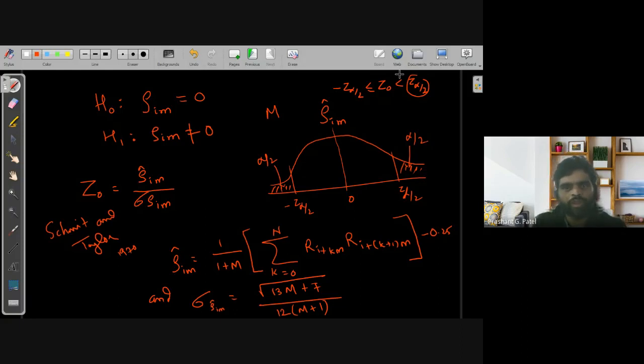Okay. If this sigma, that means this rho of Im, is greater than 0, then we can say that, so that is a note we can write down here. If rho Im is greater than 0, then positive autocorrelation is there.